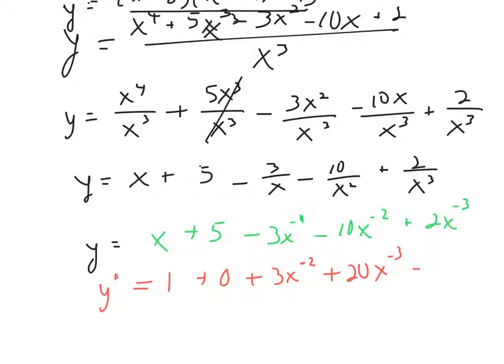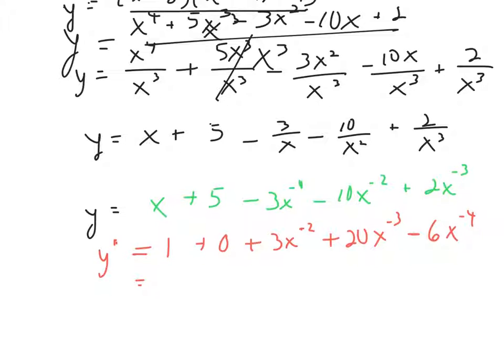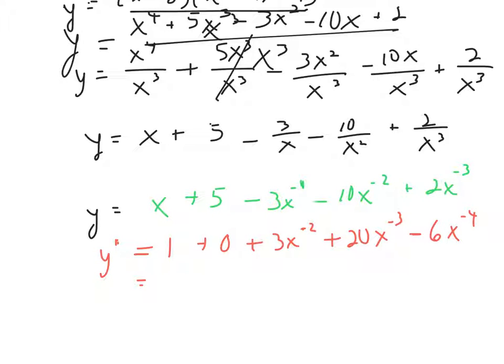And then bring the negative 3 out front, multiply by the 2, so minus 6x to the negative fourth. And we're just going to tidy that up for my final answer of 1 plus 3 over x squared plus 20 over x cubed minus 6 over x to the 4th.